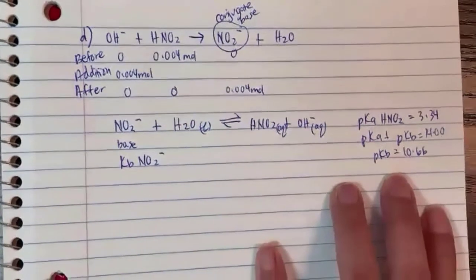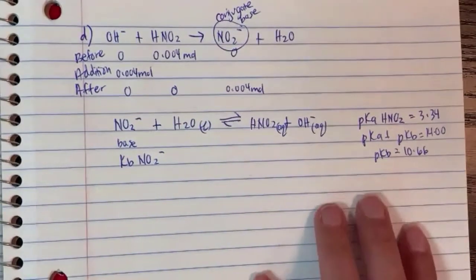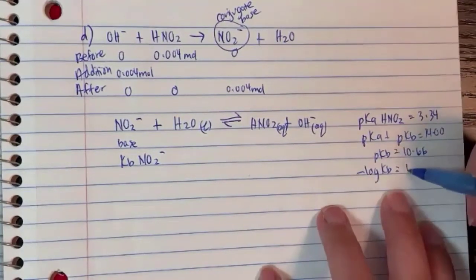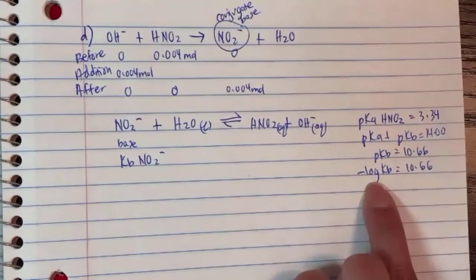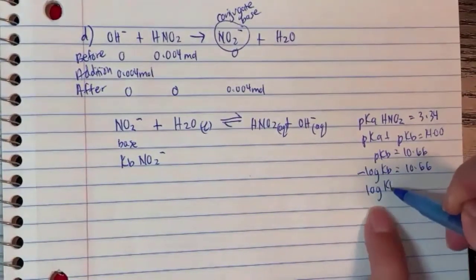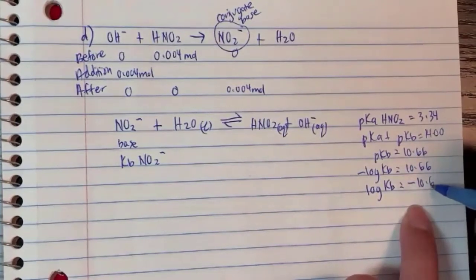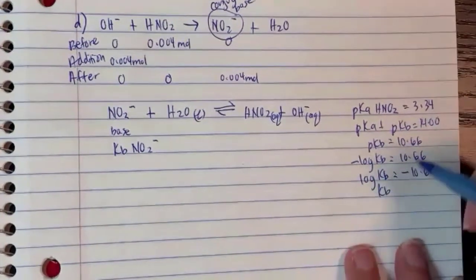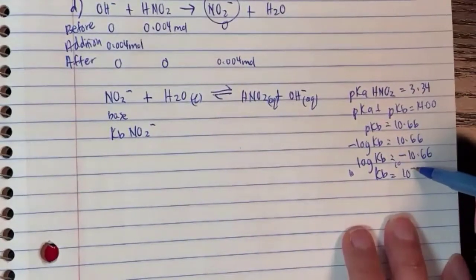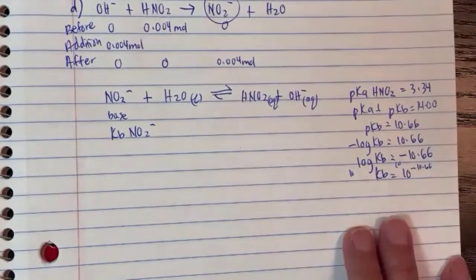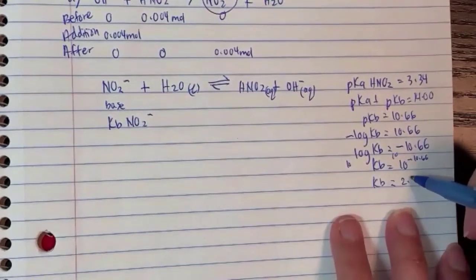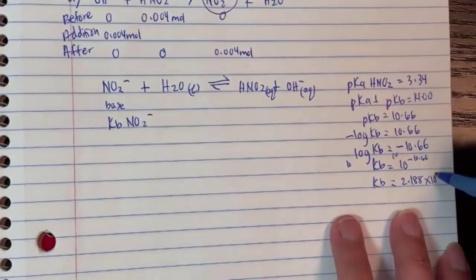Okay, if I know the pKb is 10.66, I can take minus log of Kb equals 10.66. Remember that formula? So now I can find Kb by putting log of Kb equals minus 10.66. Kb is 10 to the power of both sides, equals 10 to the power negative 10.66. So I get my Kb as 2.188 times 10 to the minus 11.